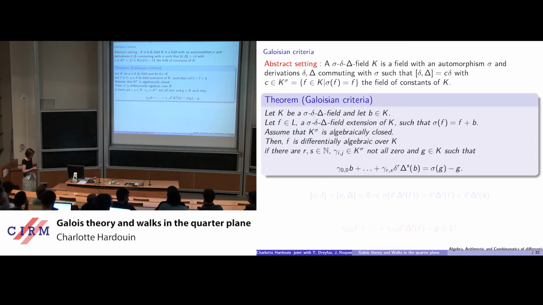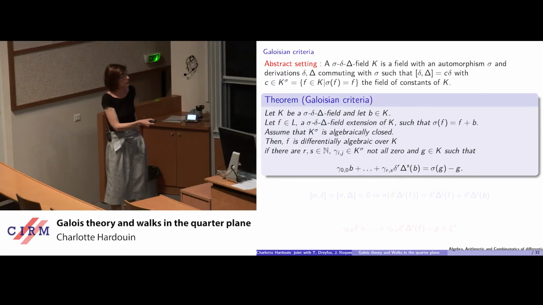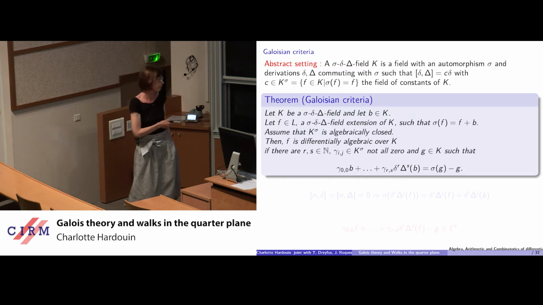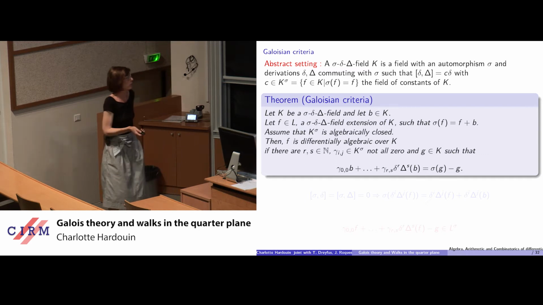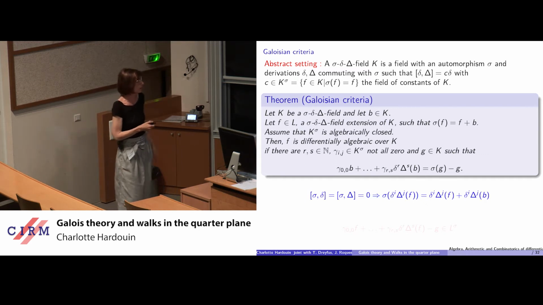Then my function f is differentially algebraic over K if there are some integers r and s and some constants for the discrete operator, not all 0, such that this linear differential equation is some kind of cocycle with respect to the discrete operator.